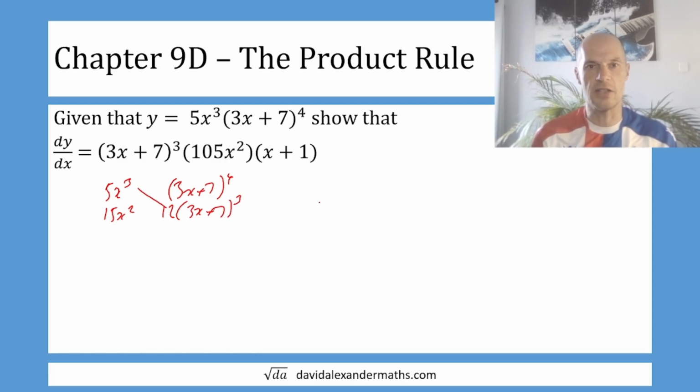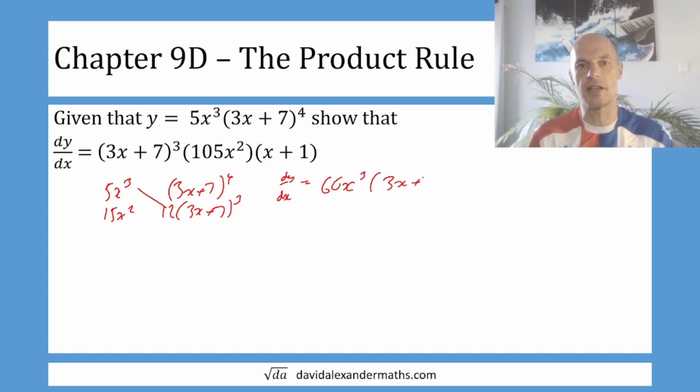So let's combine these two together. That's going to be 60. So dy by dx is 60x cubed, lots of 3x plus 7 cubed, plus 15x squared, 3x plus 7 to the power of 4.